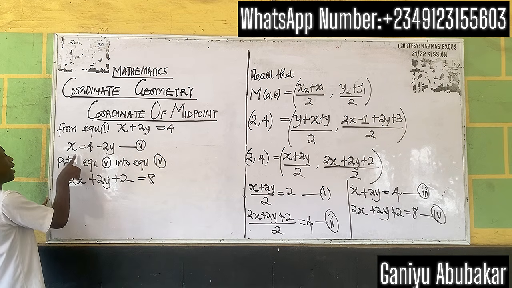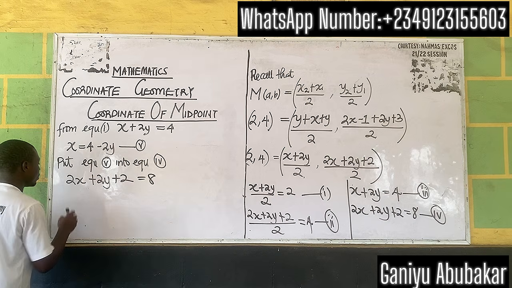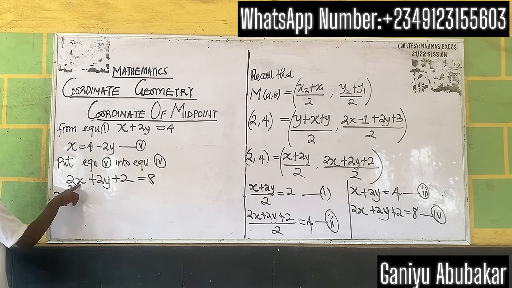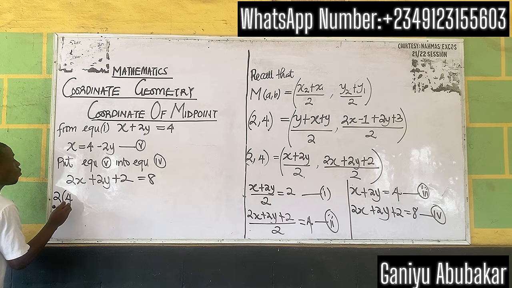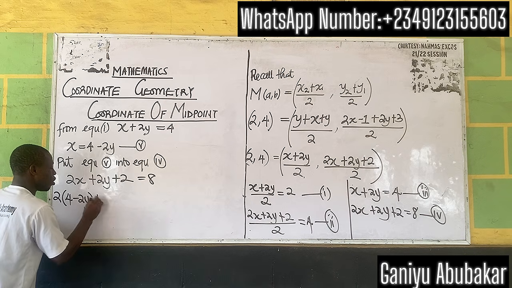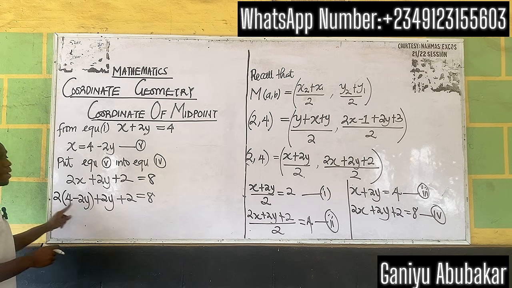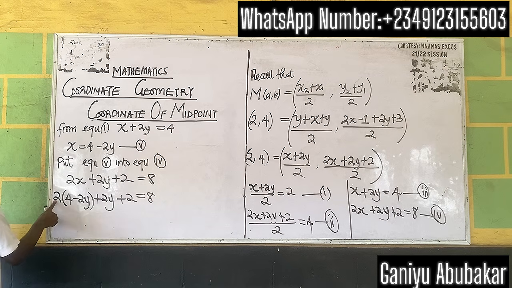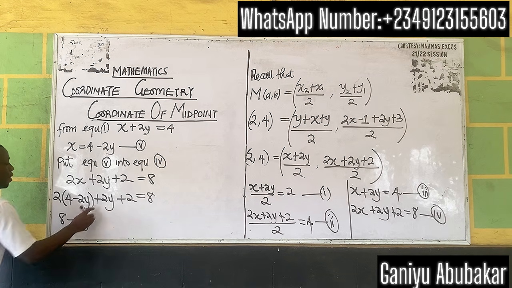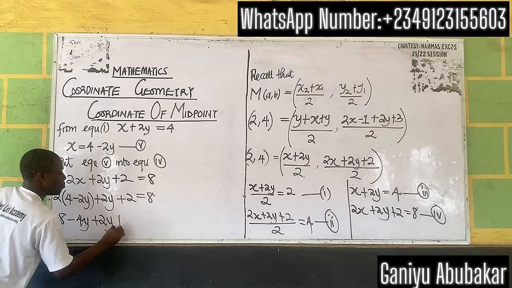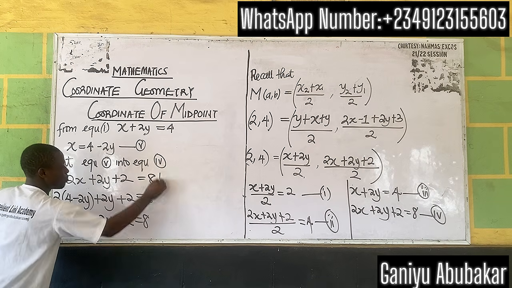So anywhere I see x, I'll put this value here. That gives you 2 into x, which is 4 minus 2y, plus 2y plus 2 equals 8. Expand this bracket here. 2 times 4 gives you 8, minus 2 times 2y gives you 4y, plus 2y plus 2 equals 8.